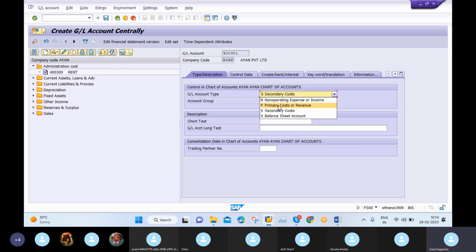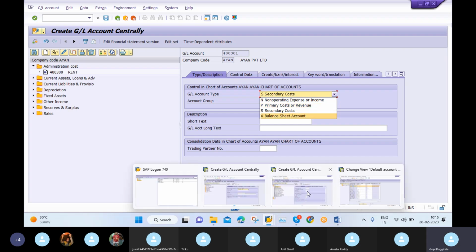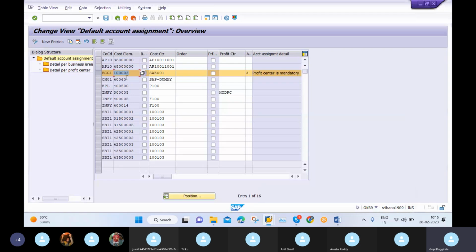Please try to understand. In the finance point of view, this area is my GL account. But where it comes to the controlling point of view, whatever we maintained as GL account is called cost element.